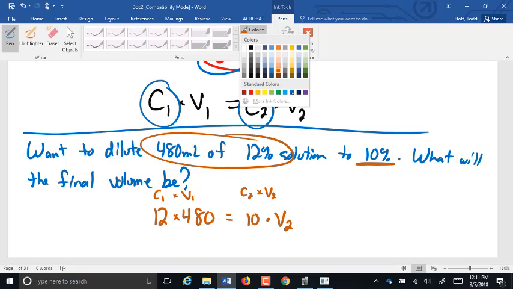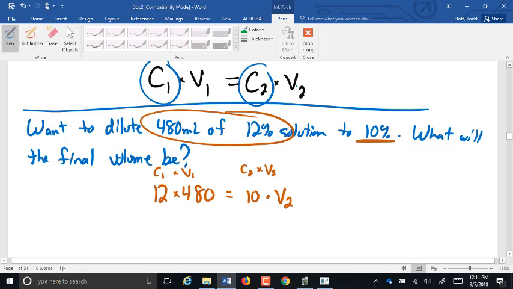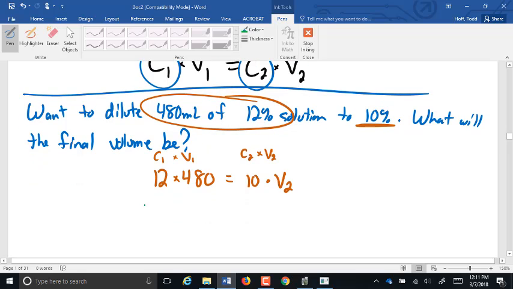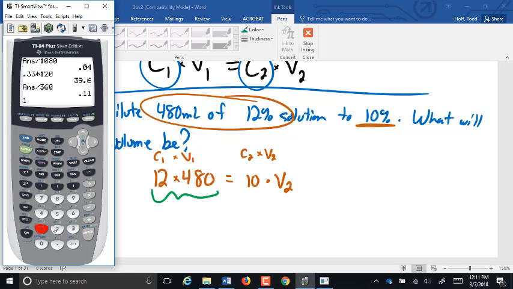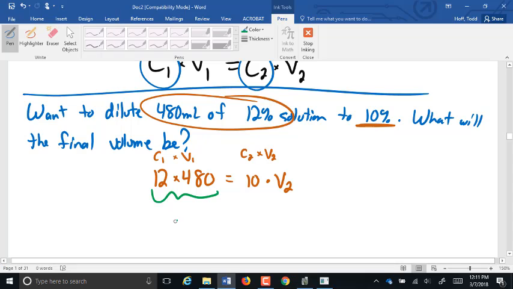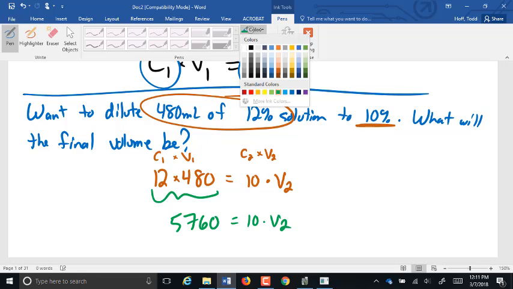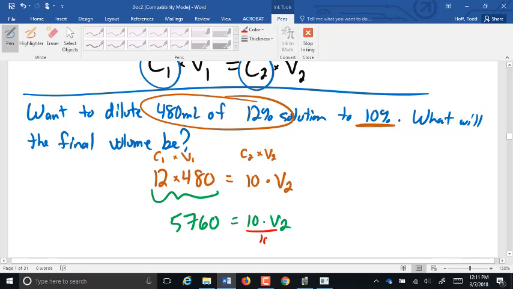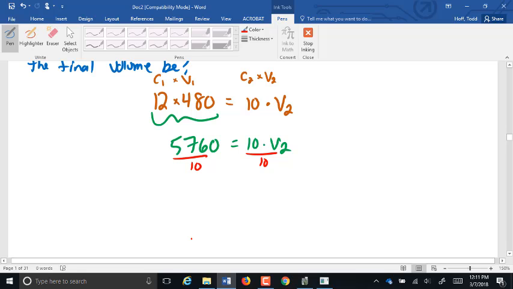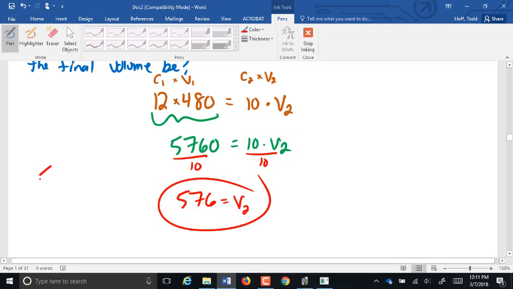And I am looking for that final volume. So I put in the amounts here. 12 times 480 is 5760. And then we'll divide by the 10. So that's 576 equals that final volume. So the final volume is 576 milliliters.